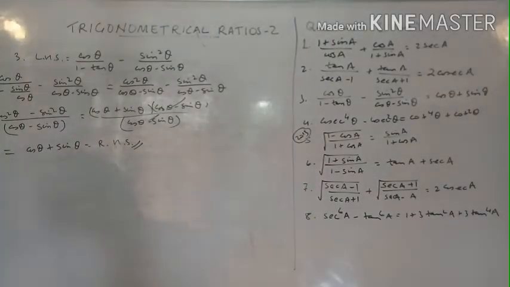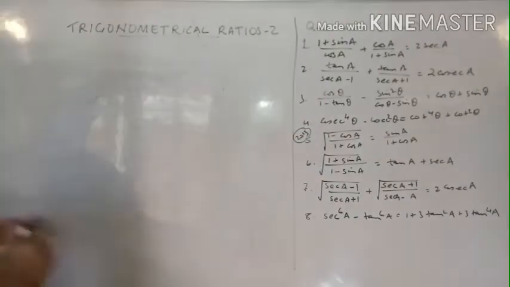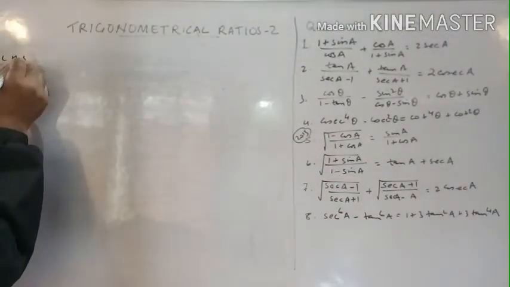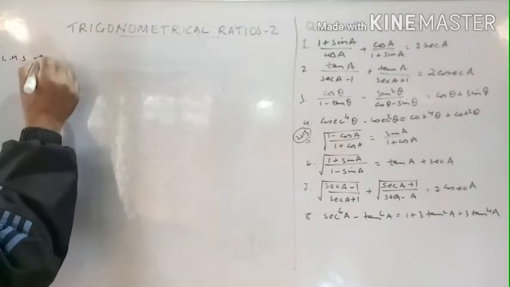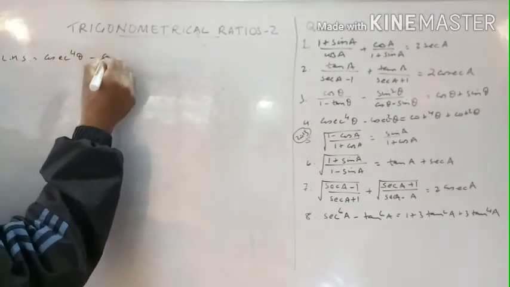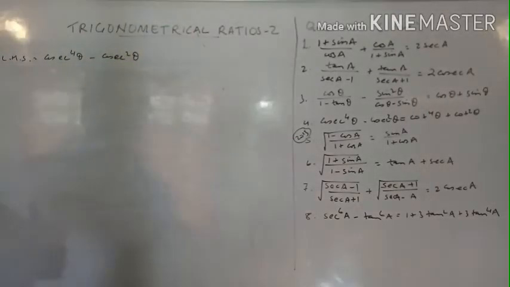All right. Now question number 4, LHS. So it is cosec to the power 4 theta minus cosec square theta equal to cot to the power 4 theta plus cot square theta.